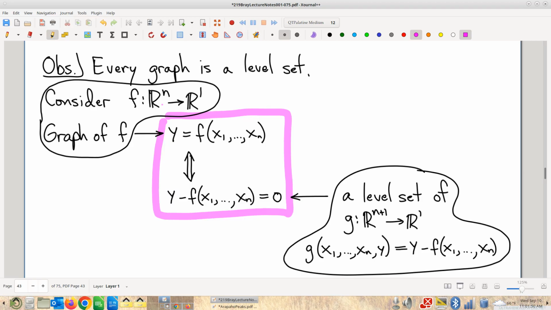The point to this algebra is it allows me to take something that came to me as a graph, and I have now rewritten it as a level set. Who cares? Why would I be interested in such a thing?